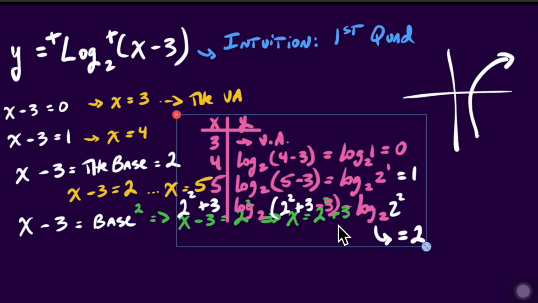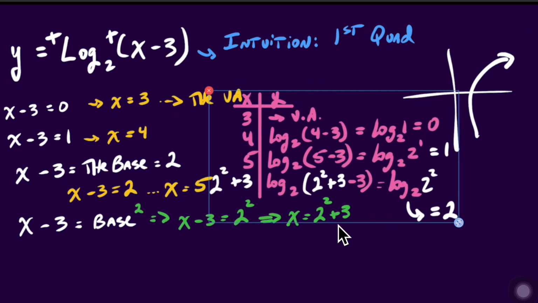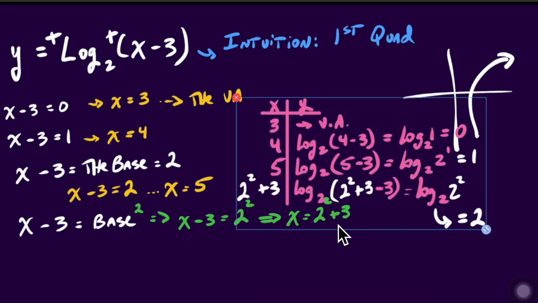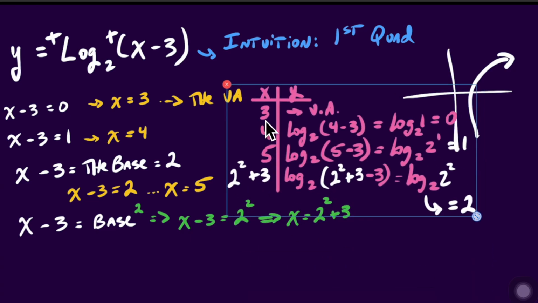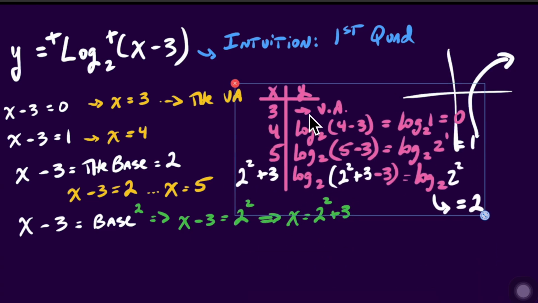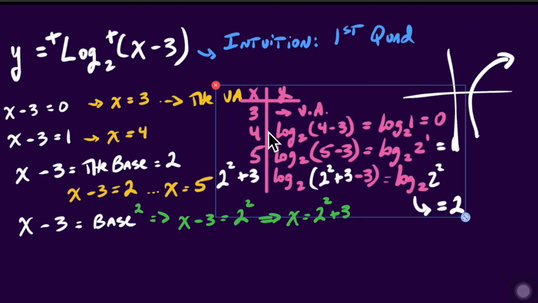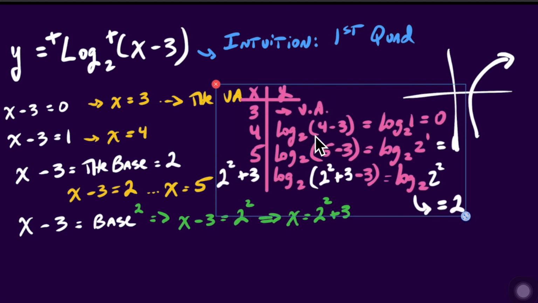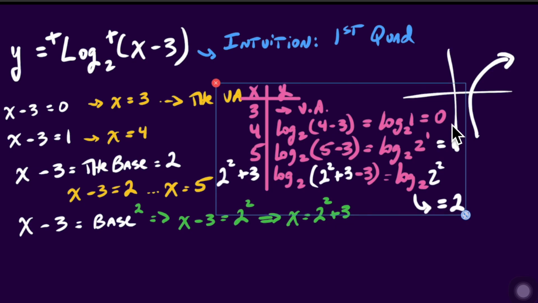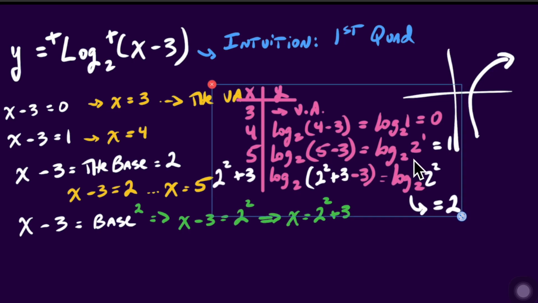So at this point, we're going to plug in each of these x values, and when we do that, we see that when we plug in 4, we're going to get 4 minus 3 in the argument. The log base 2 of 1 is 0. We plug in 5.